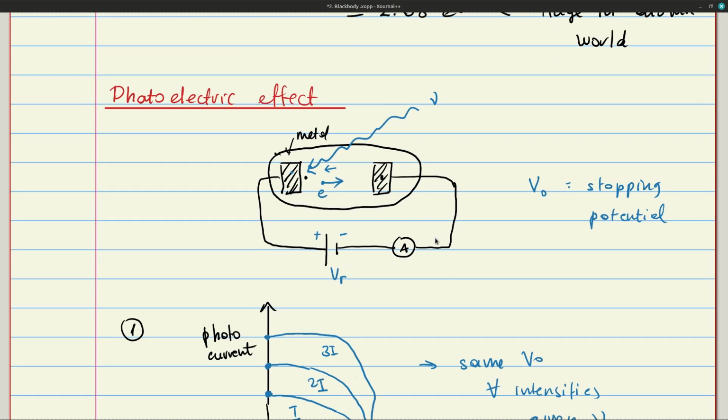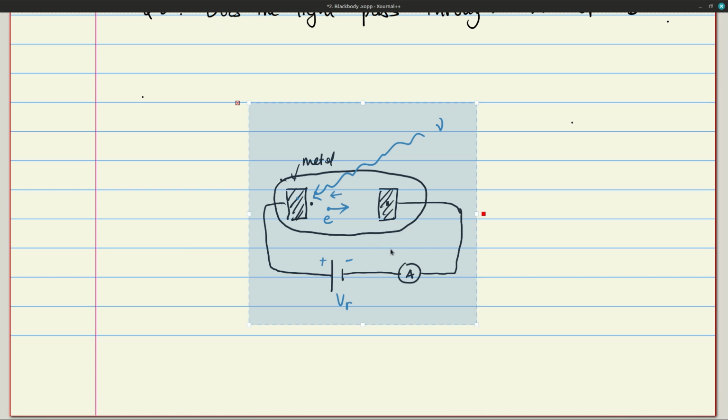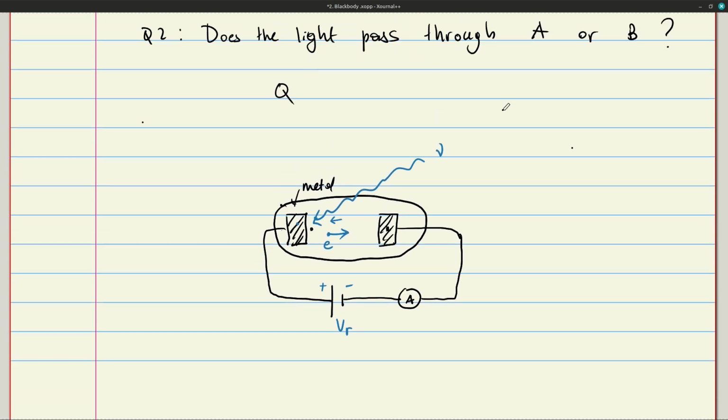All right, so last time we talked about the photoelectric effect. Let me just take this exact experiment and ask if it's even possible to reverse the photoelectric effect. So the question is, is the reverse of the photoelectric effect possible?